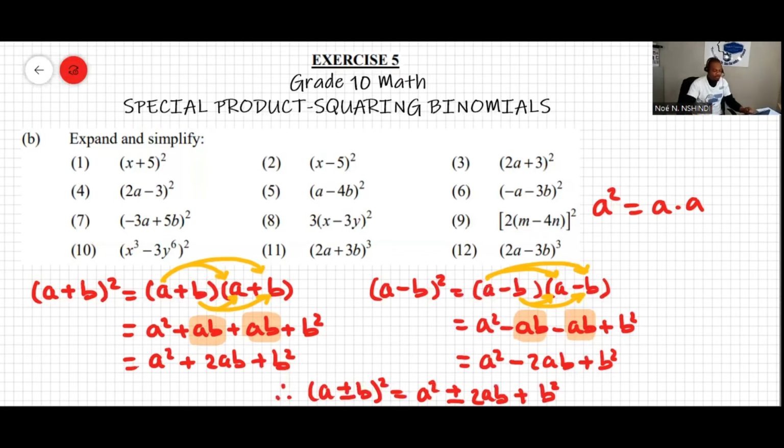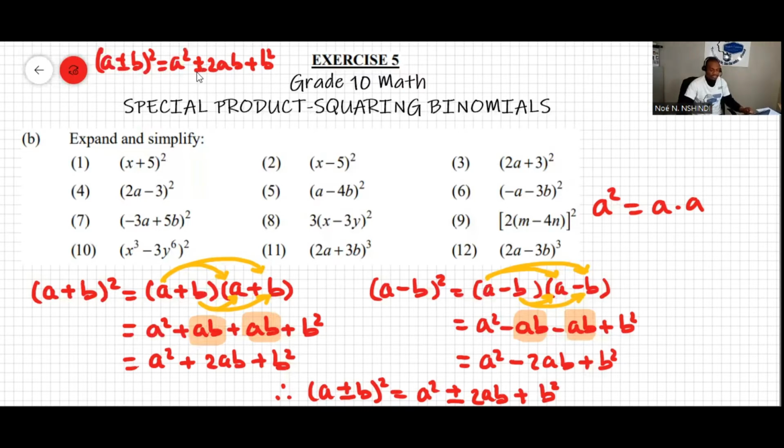I'm going to write the formula over here: a plus or minus b to the power of 2 equals a squared plus or minus 2ab plus b squared. Note that the sign changes only in the second term, the term 2ab. So if it was positive here it will be positive. If it was negative here, it is still going to be negative.